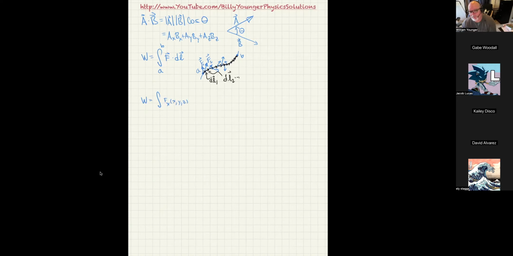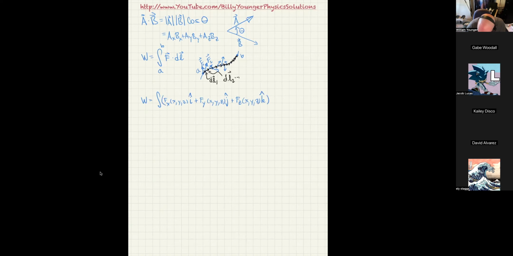It could be a function of time as well. We normally don't have to do that, but time could be in there. And then it'd be i hat plus F sub y, again a function of x, y, and z, j hat plus F sub z of x, y, z, k hat. That's just the F part.